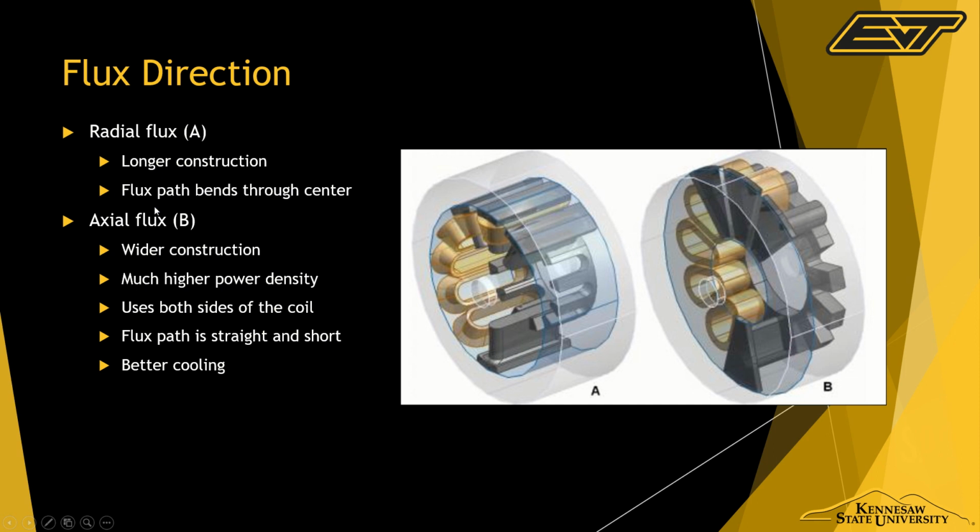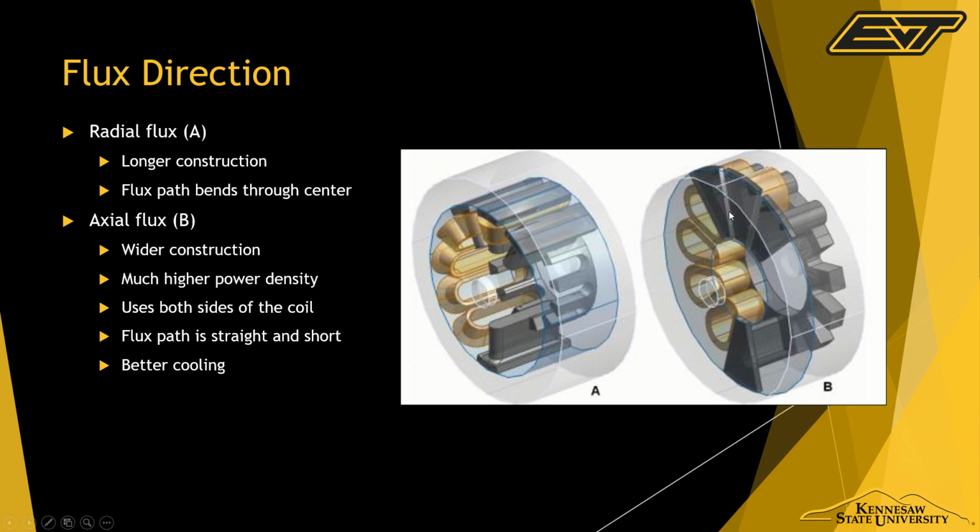The flux that happens in a radial motor starts out here in this magnet, then goes down, and then it has to bend and come back inside this magnet, go through the electromagnet, and come out to this permanent magnet right here. Then the permanent magnets have some flux that happens across themselves.